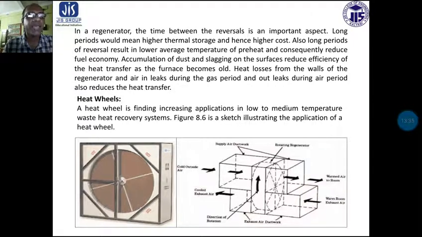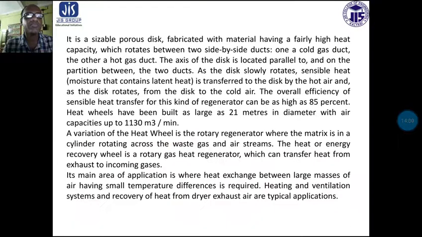Its main area of application is where heat exchange between large masses of air having small temperature differences is required. Heating and ventilation systems and recovery of heat from drier exhaust air are typical applications of these heat wheels.